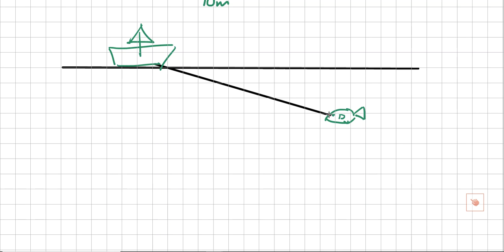And do you remember in the test I asked how far is the boat from the fish? A few of you got it wrong because you looked at that distance there, and it's not. It's this distance. And quite a few people also got the angle of depression wrong, because the angle of depression is actually this one here. So that's the angle of depression. X is the distance to the fish, but we would probably also be given the depth of the fish.